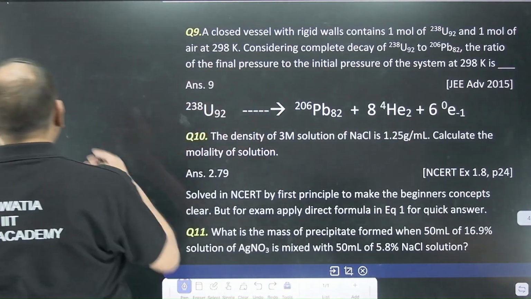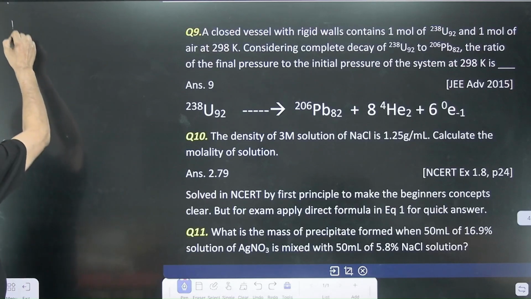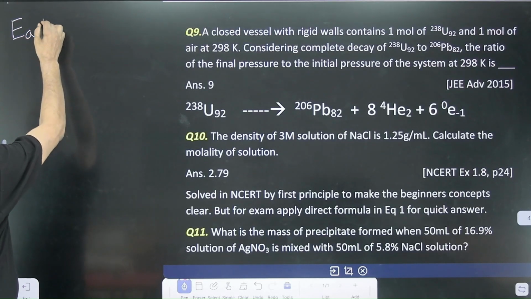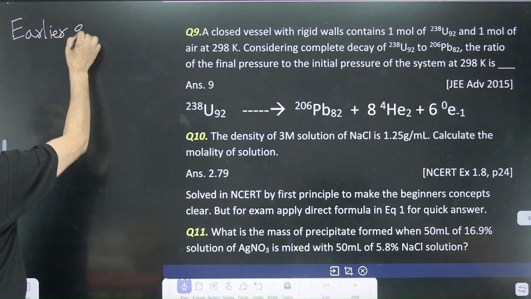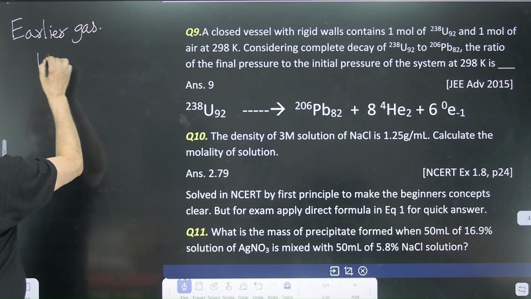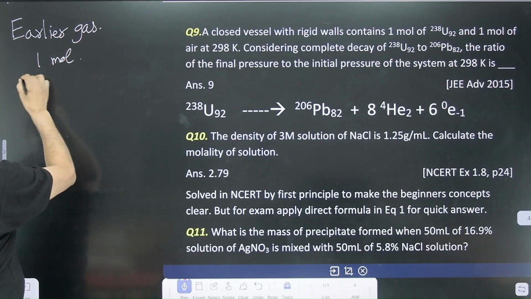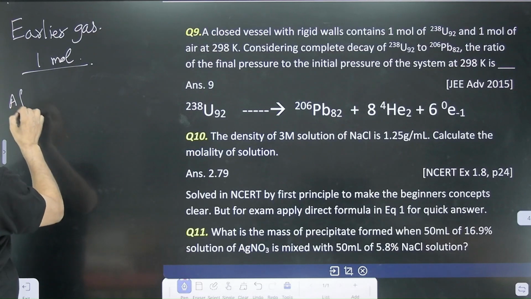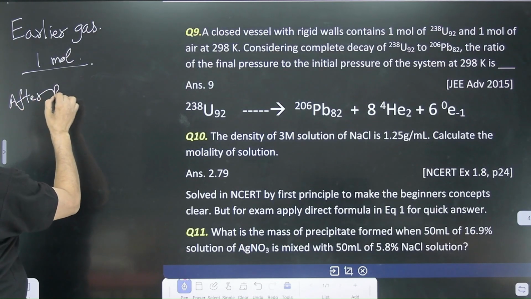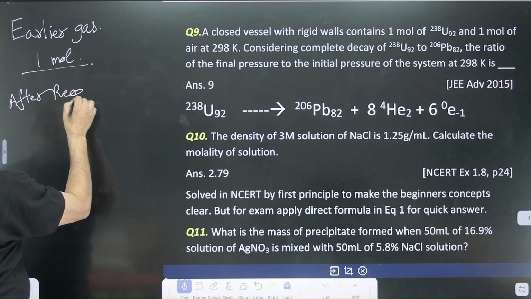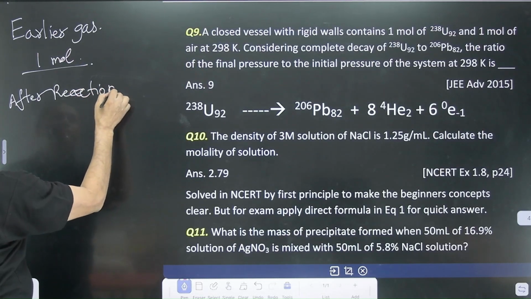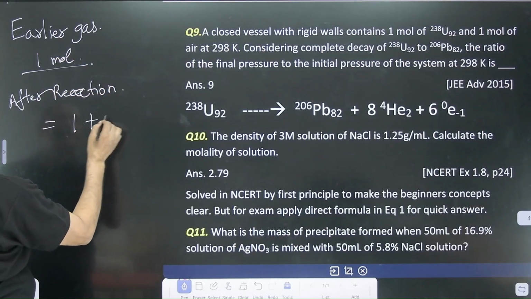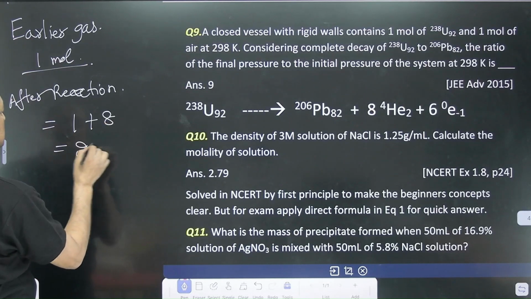So earlier gas 1 mole, after the reaction, 1 plus 8, 9 mole.